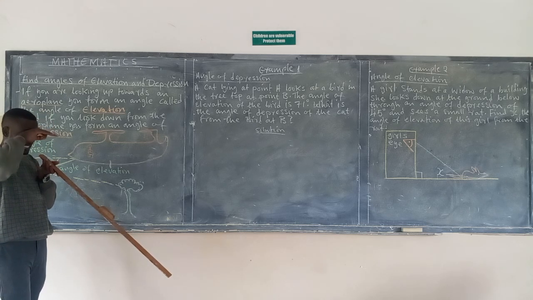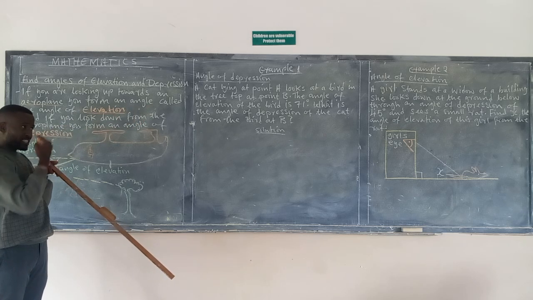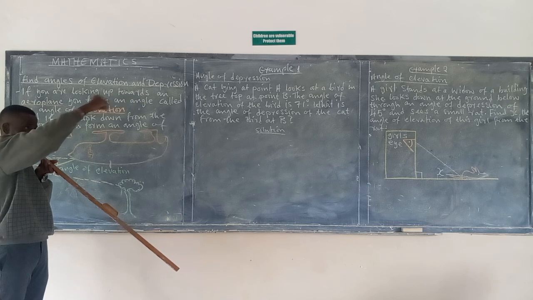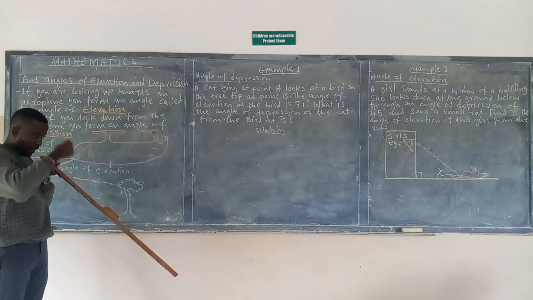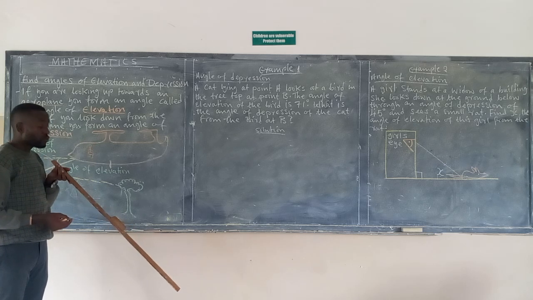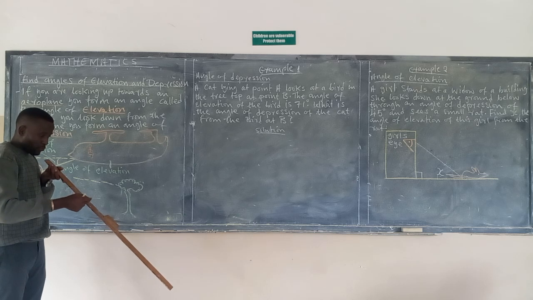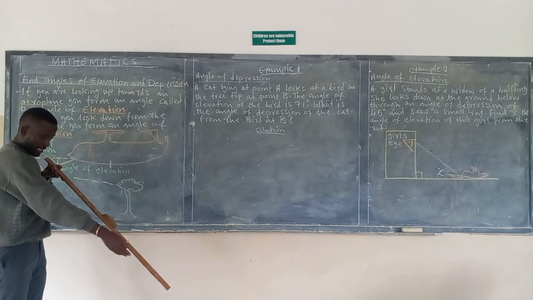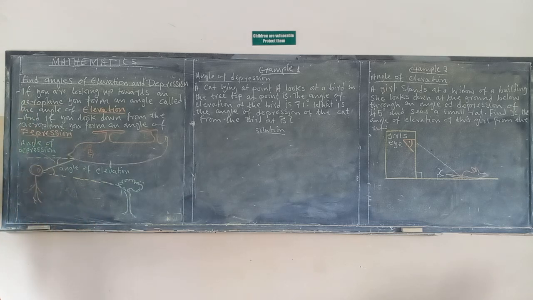There is an invisible straight line where I'm standing. This invisible straight line forms an angle of depression because I'm looking down. When you look down, you are forming an angle of depression. And when you reach the contact where you're looking at, you create an angle of elevation. That is how I can demonstrate this one.